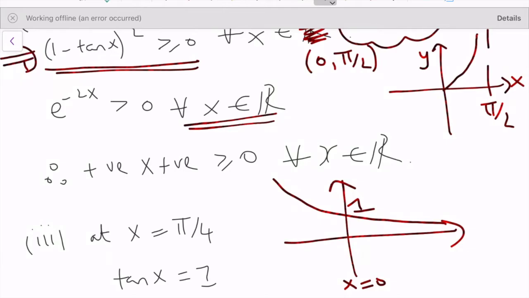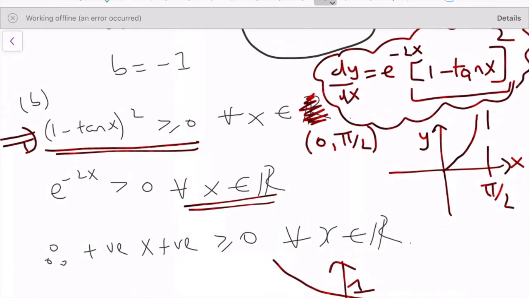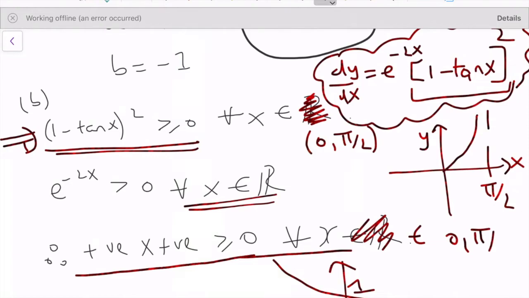So then the product of the two quantities, which are never negative, will be never negative. So there we go, positive times positive must be greater or equal to 0. And it shouldn't be for all real numbers, it should be for x between 0 and pi by 2. There we go, and that can be included.